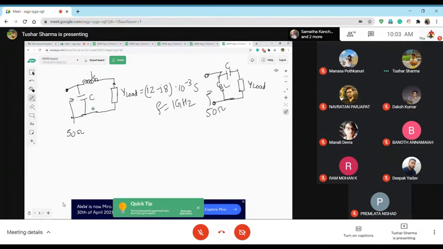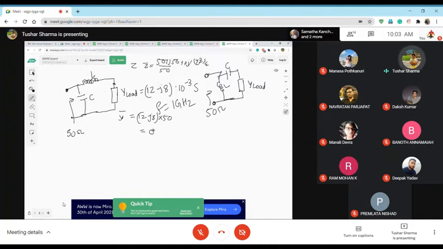So when it was Z, to calculate normalized impedance, say it was 50 plus J50, right? So we used to divide it by 50, 1 plus J1, and then Y was 1 over this. Now you have been given Y. To calculate the normalized admittance to plot on Smith chart, you will take your Y, 12 minus J8, multiply by 50.